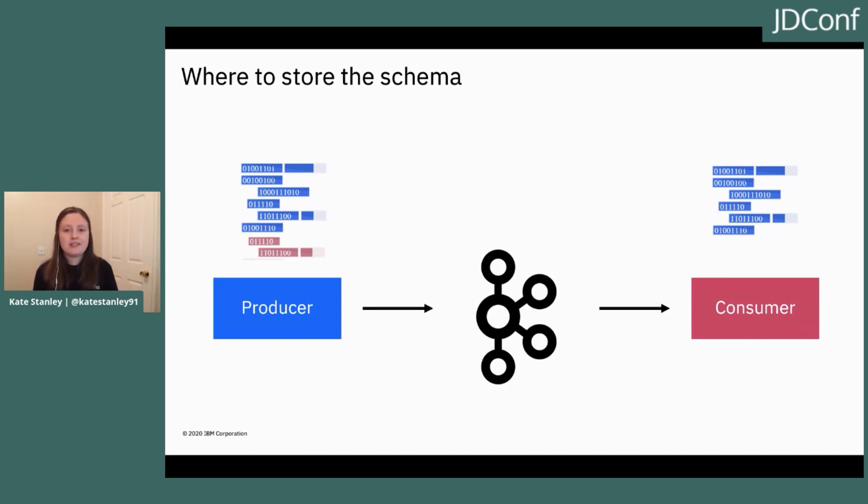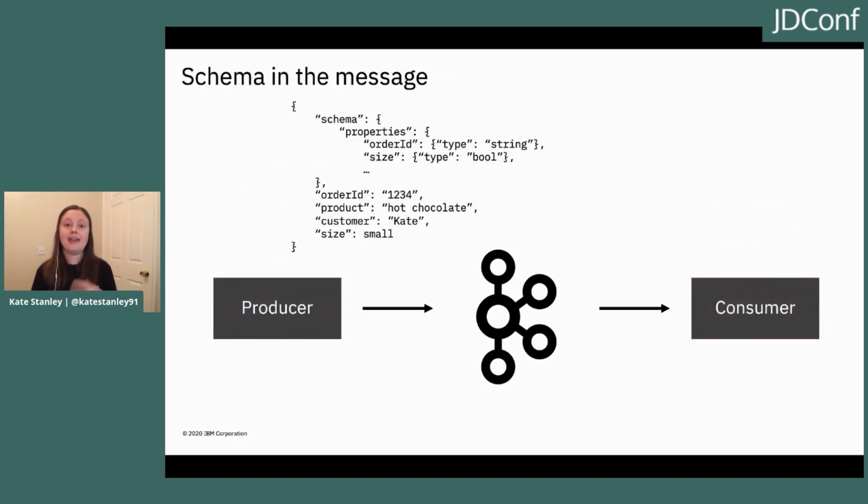So what's the simplest way that we can create a schema and make sure that our consumers can always read a message? Well, we could include the schema in the message. So in Kafka, we could write our messages in JSON, put the schema in that JSON object, serialize it, send it off to Kafka, and then when the consumer gets it the other side, they can deserialize it as JSON and then have a look at the schema to understand the contents of that JSON object.